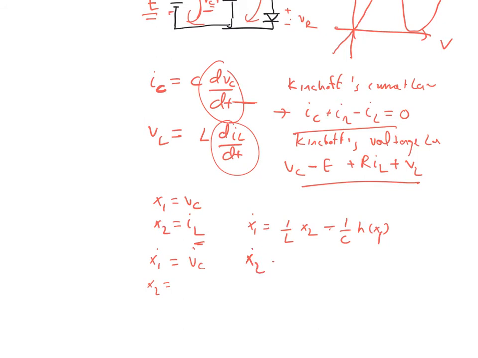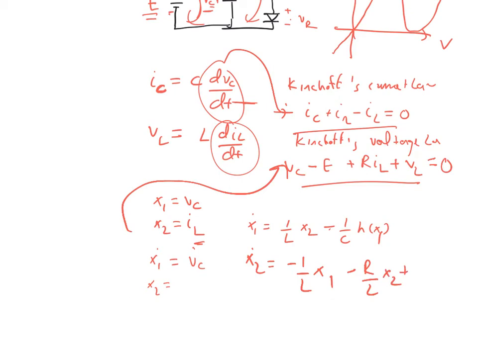And then x2 dot will be 1 over L times 1 minus x1 R over L x2 plus 1 over L u. It is nothing but plugging these things into these equations and then solving for Vc dot. So that is our x dot equals f of x, u. That is our equations of motion.